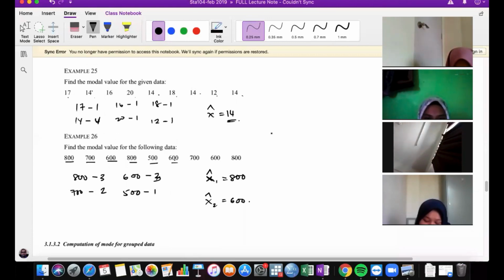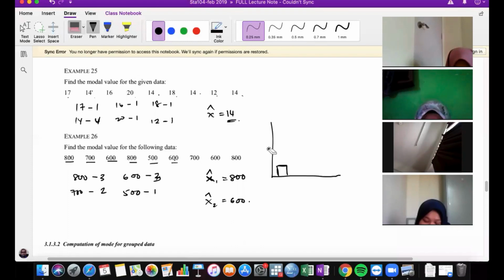Right. If you draw a histogram for this data, let's say we start with 500, 1, and 700.